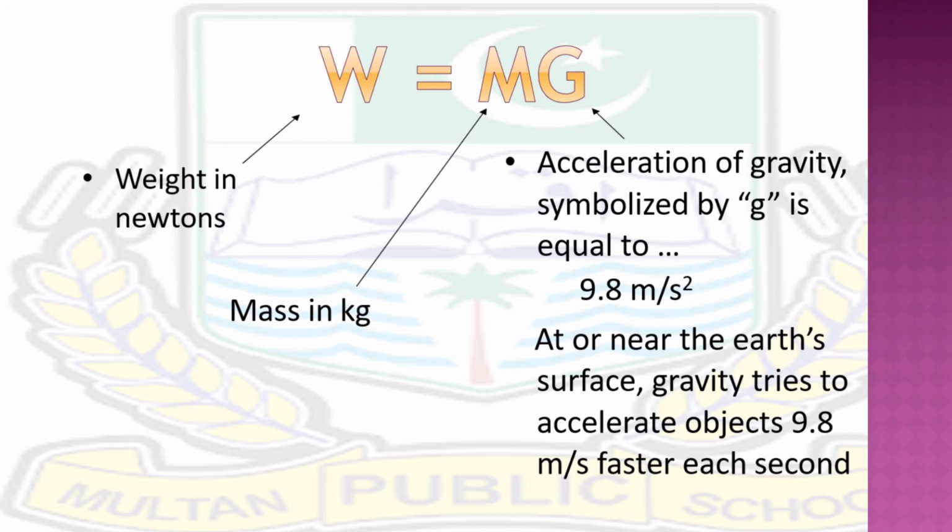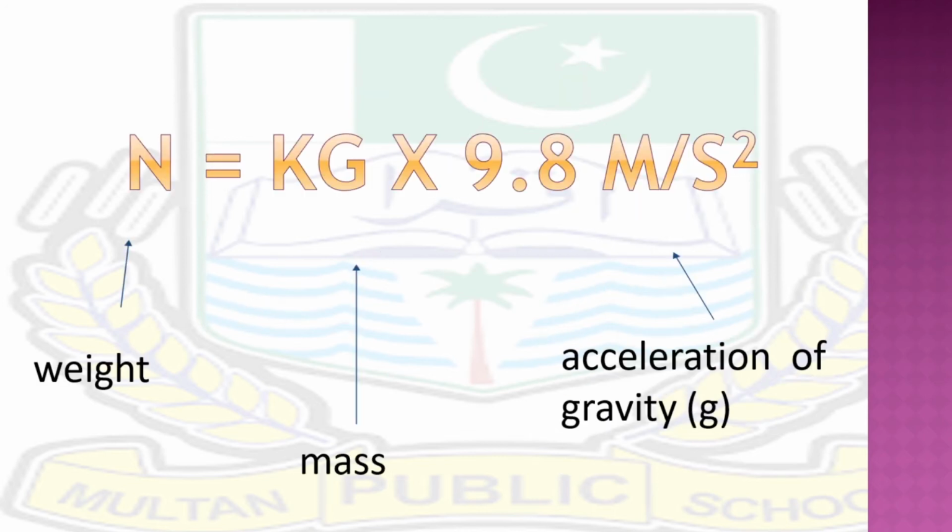At or near the Earth's surface, gravity tries to accelerate objects 9.8 meters per second faster each second. So weight is represented in newtons, mass in kgs, and the acceleration of gravity by 9.8 meters per second squared.